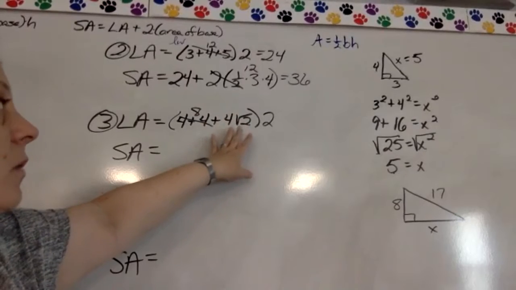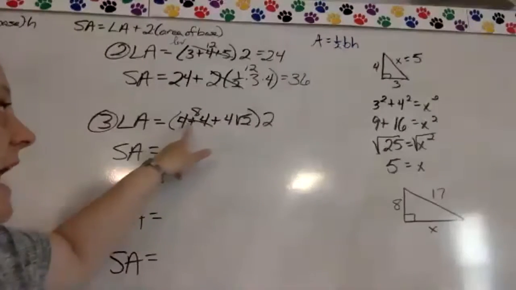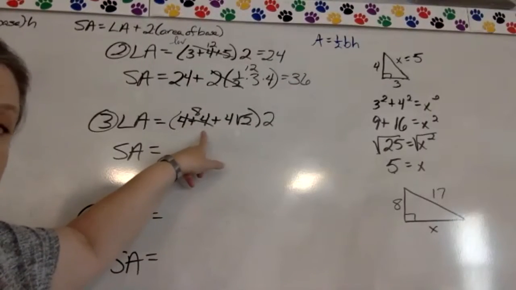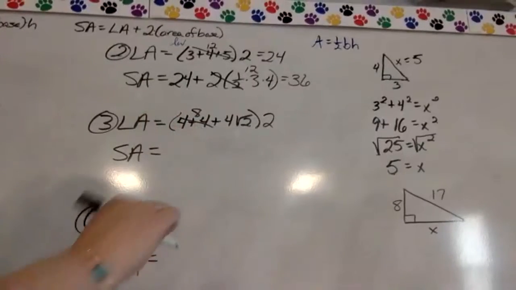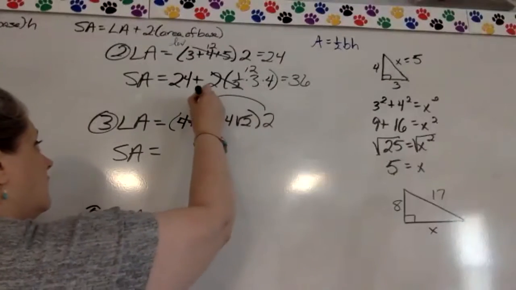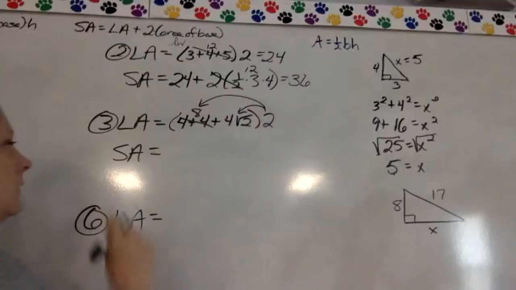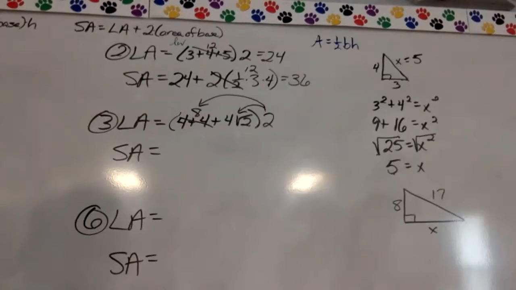So we can add the constants together, and then we're going to use the distributive property to make the parentheses go away.